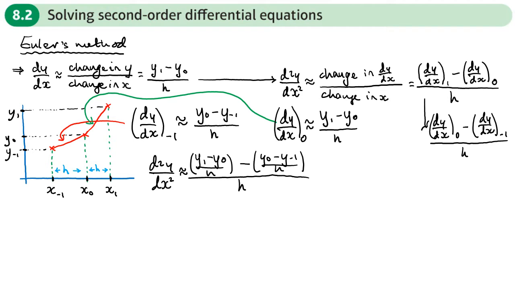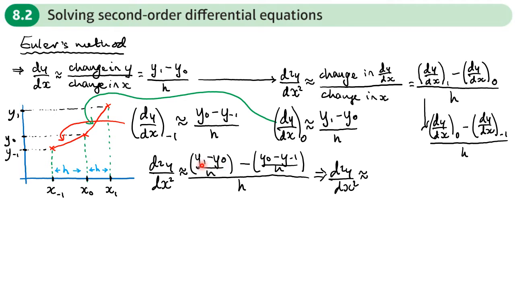And if I simplify this all out, what I will get is d squared y over dx squared is going to be approximately, so I'm dividing by h here, dividing by h again. So I'll end up with h squared at the bottom because I'm dividing by h and dividing by h again. And these bits here will simplify.